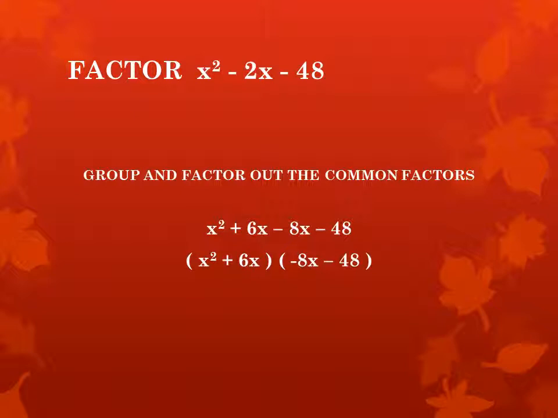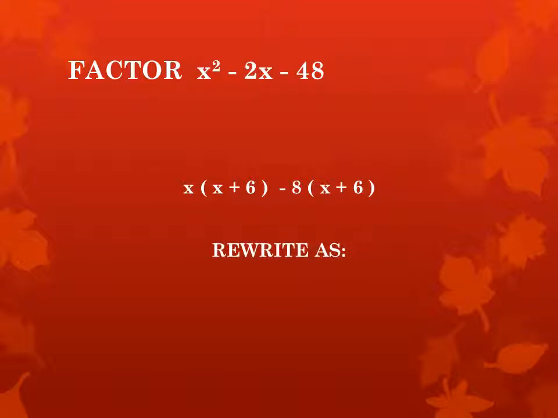Then we factor out the common factors. We wound up with x times x plus 6 and negative 8 times x plus 6. Finally, we can rewrite the equation as x minus 8 times x plus 6. Because remember, what's written in the parentheses is only rewritten one time.